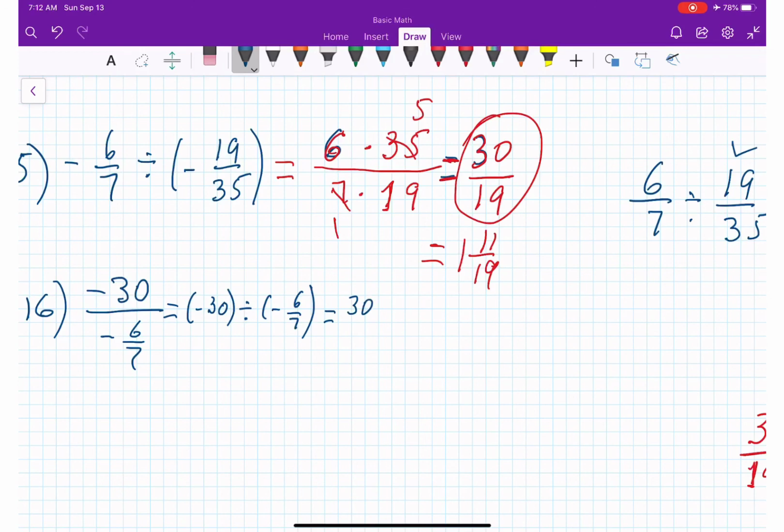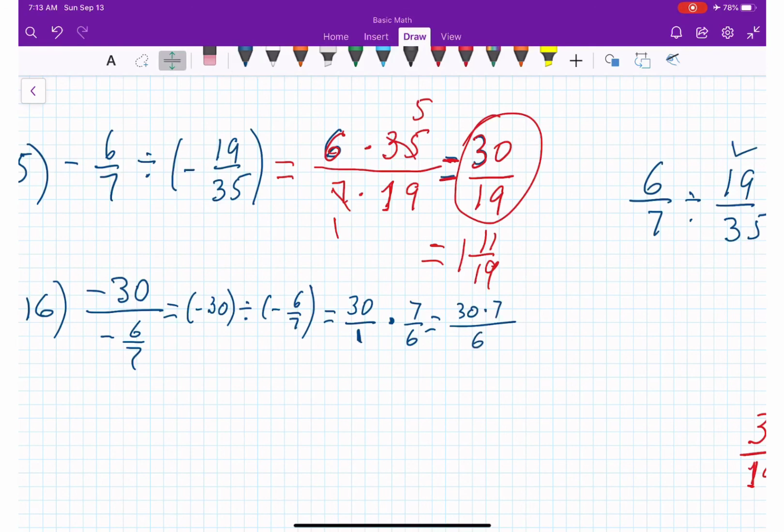When we have a whole number in division and multiplication, we put denominator 1. And the second number, which is a fraction, I'm going to flip. 6 over 7 will become 7 over 6. And we get 30 times 7 divided by 6.